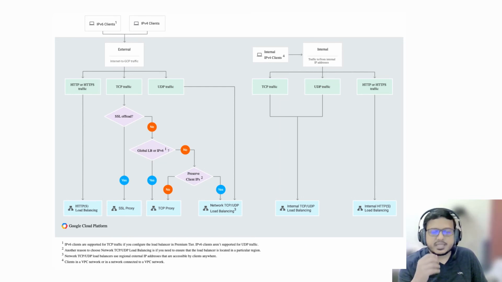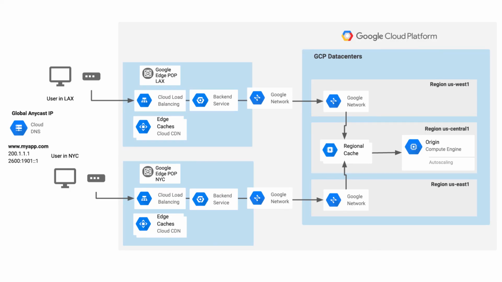And then comes another important component, that's the Google Cloud CDN. This is nothing but a content delivery network. If you have data that does not change often, static data, images, videos, CSS files, then it makes sense to cache it close to your users. Google Cloud CDN has 90 POPs, points of presence, to cache the data close to your end users, so your end users can pull data from the CDNs.